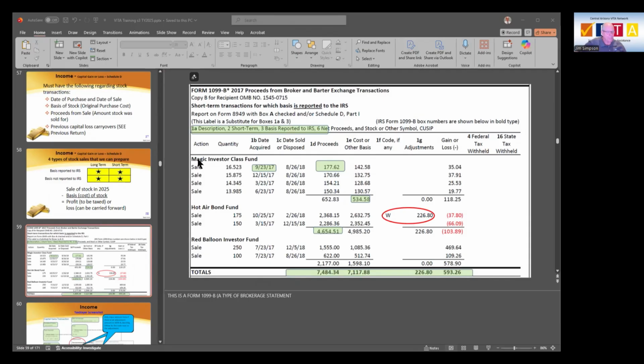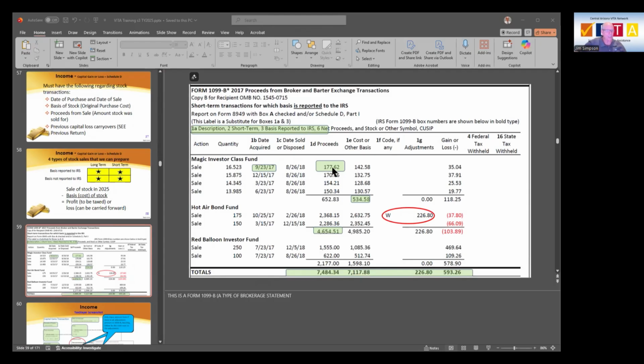But here, now it's saying they've got the Magic Investor Class Fund, the Hot Air Bond Fund. Now I can enter in all of these transactions individually because I need to know what did they sell, when was the date acquired, when was it disposed of, meaning when did they sell it, here's when they bought it, here's when they sold it, right?